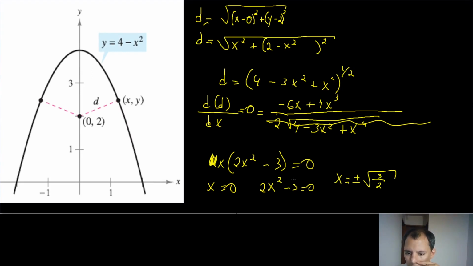Okay, so plus or minus square root of 3 divided by 2. Now, what is that? Well, for x being 0, that means it's going to be this point here, but that's not what we want.